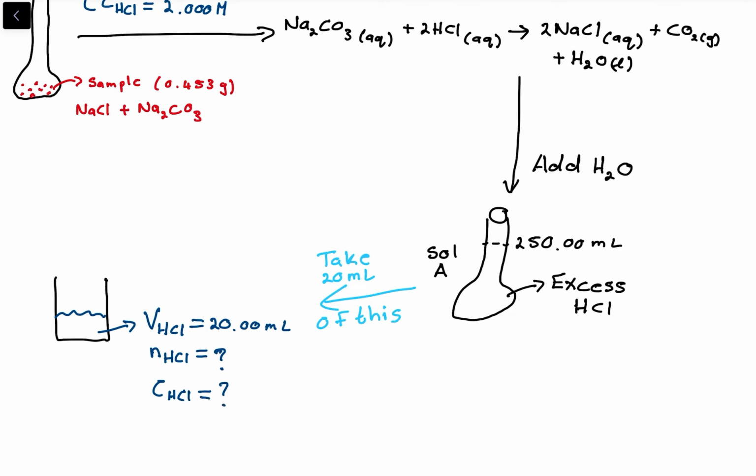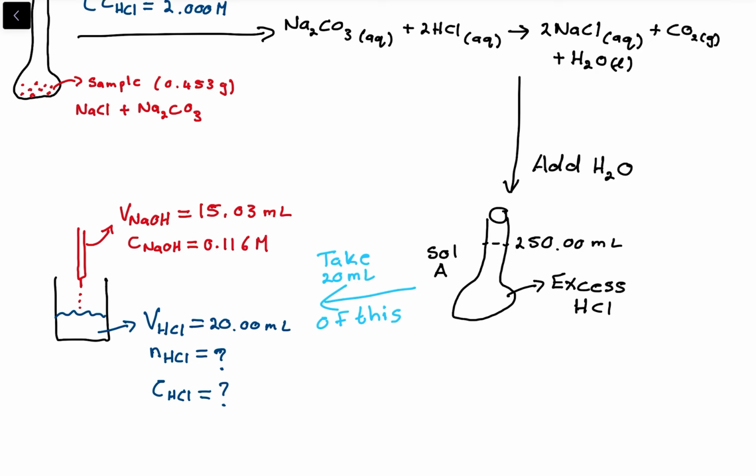Right, we know how much we took, but what we do is we do a titration. And this is where the so-called back titration part comes in, because we back titrated with a known amount of sodium hydroxide. So we're told we back titrated with sodium hydroxide, which is 15.03 milliliter, and the concentration of this titrant is 0.116 molar.